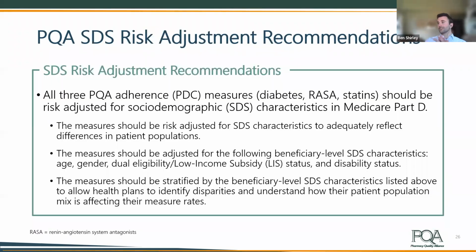And so when I'm talking about these recommendations, this is what I'm talking about. I'm talking about the recommendation that all 3 PQA adherence or proportion of days covered measures, so that's going to be your diabetes, your RASs, and your statins, should be risk adjusted for socio-demographic characteristics in the Medicare.